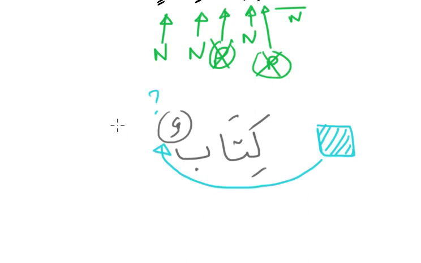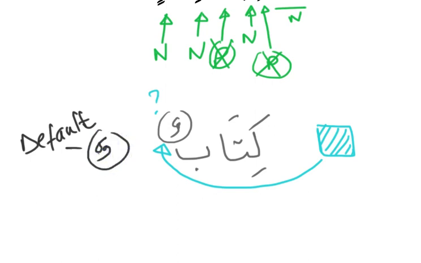What can it change it into? Well, the default state is two dhammas. Okay, so one dhamma there, one dhamma there, two dhammas. This is the default state. That's the normal circumstance. All words are considered to be in the default state unless they are taken out of the default state.